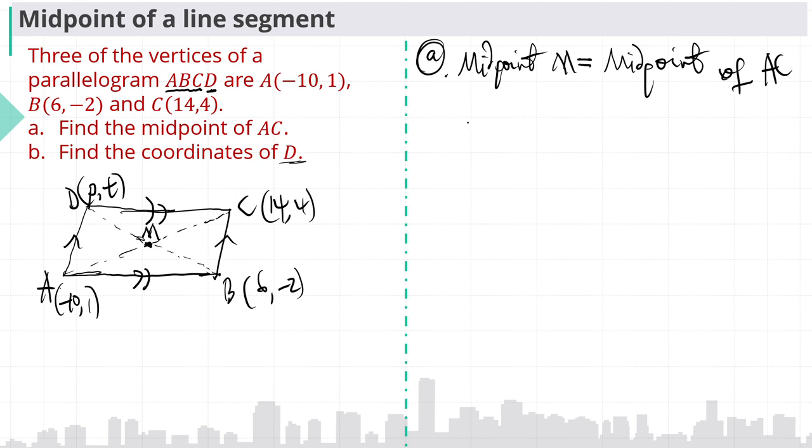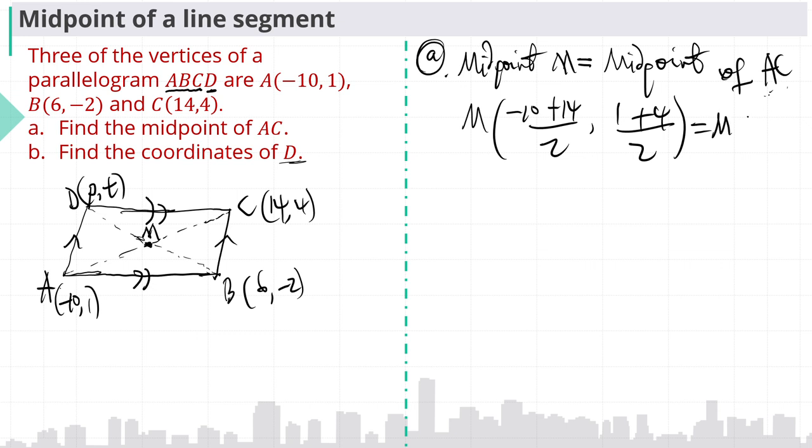So now this midpoint M should be equal to, add the x coordinates of A and C, minus 10 plus 14 divided by 2, comma, go for the y coordinates of the endpoints, 1 plus 4 divided by 2. And that gives the midpoint as 2, 5 over 2.